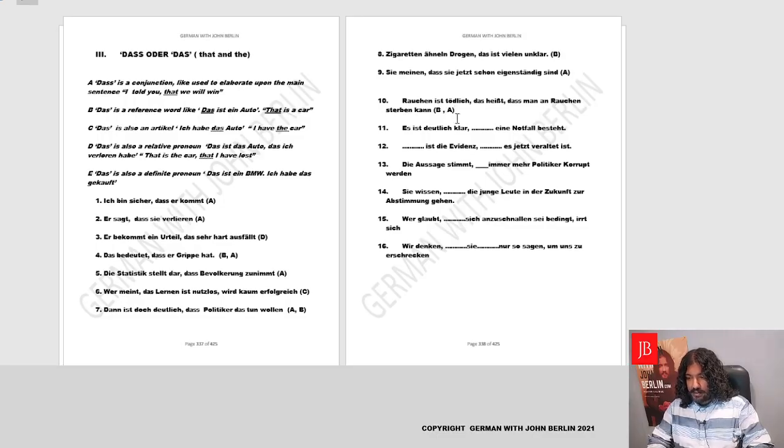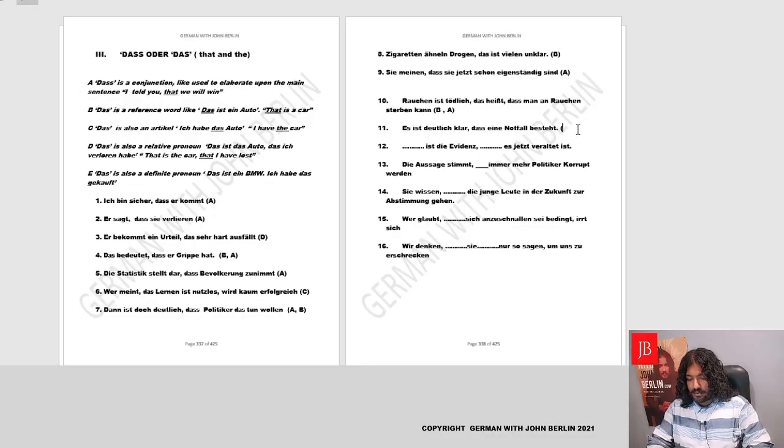Perfect. Okay, es ist deutlich klar, dass ein Notfall besteht. It is clear, what is clear, we'll elaborate, that there is an emergency. Ein Notfall besteht. Besteht is like to exist, yes, that emergency exists. So basically here we write elaboration, that's "dass".